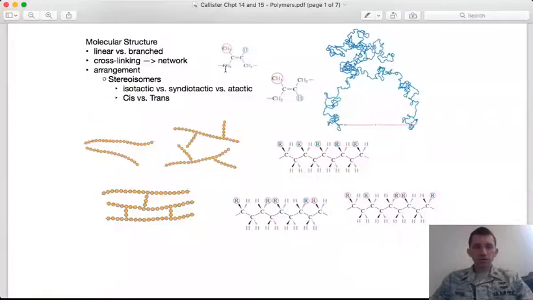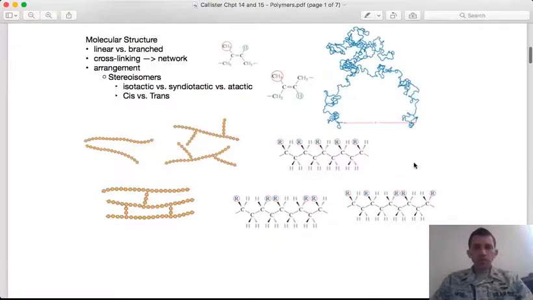Say, here's the polymer chain going from this carbon to this carbon across the double bond and then back down. Since it's rigid, you can have the carbon chain stay on one side of this bond. This would be the cis configuration, or you can have it go to opposite sides of the bond. This would be the trans configuration.